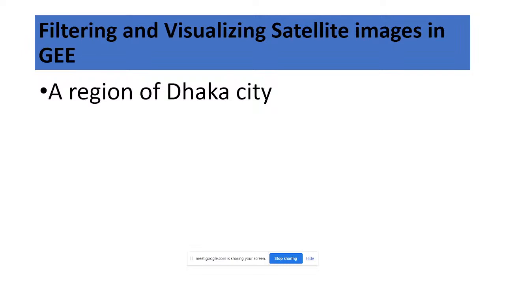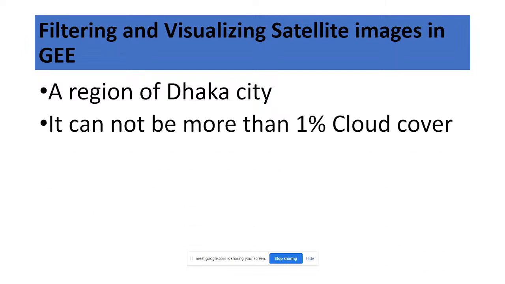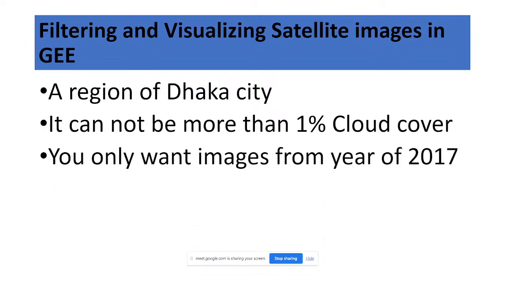Import your boundary shapefile and work with that. Then filter the image properties, for example cloud cover, and select a specific time period, such as rainy season, dry season, or any period you need.